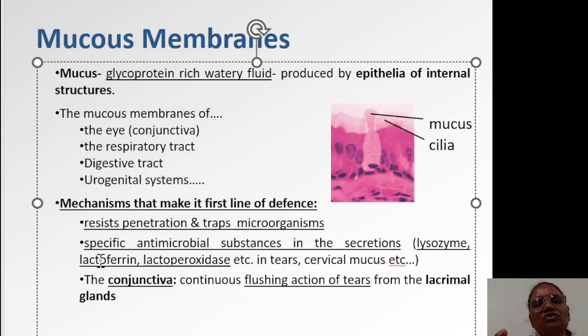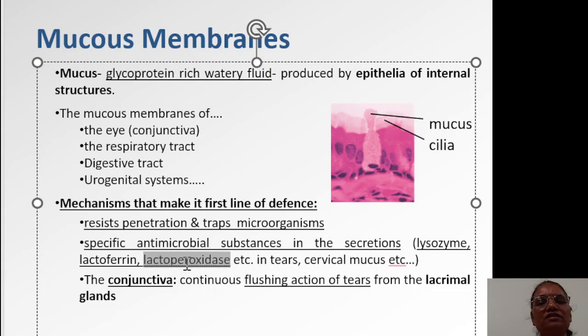Mucus can also have another important component called lactoferrin, which is a protein that helps to catch hold of iron. It will hold on to the iron, right? So that iron will not be available to the organism, and in its absence, the organism will not grow to a great extent.